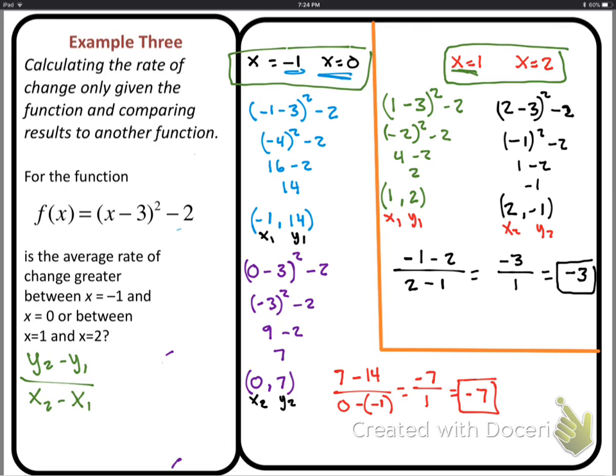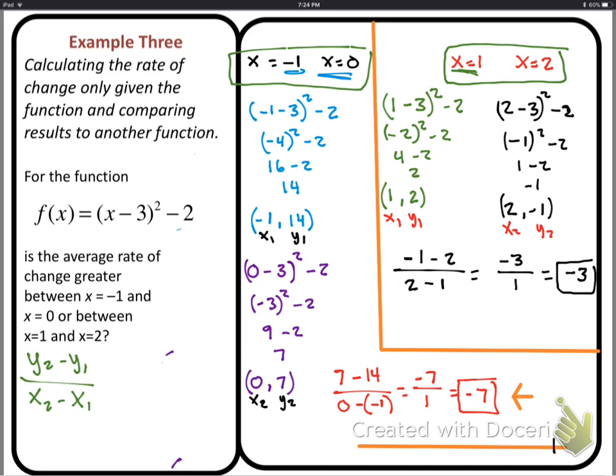So the greater rate of change, so this one here, between x equals negative 1 and x equals 0. If we're looking at this one here, and let's say we're looking at a number line. So here's my number line.